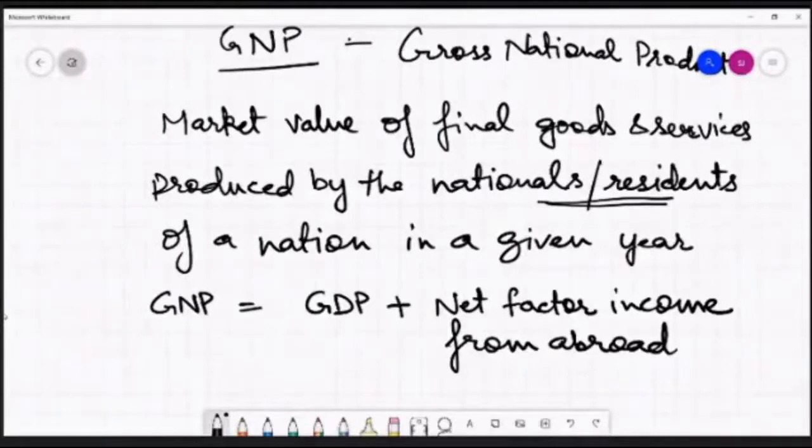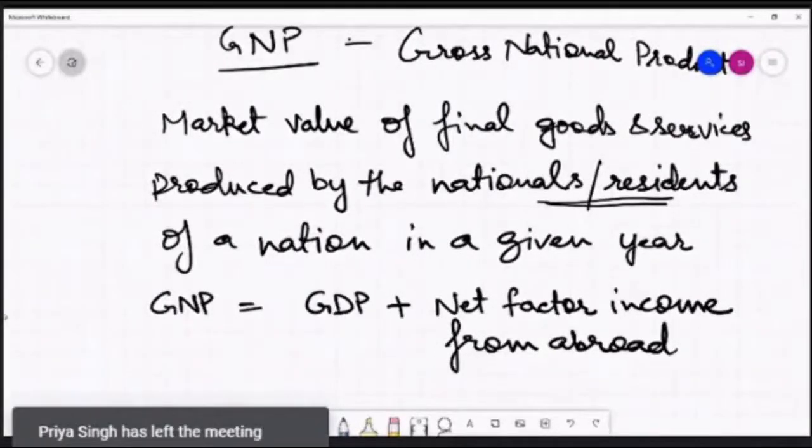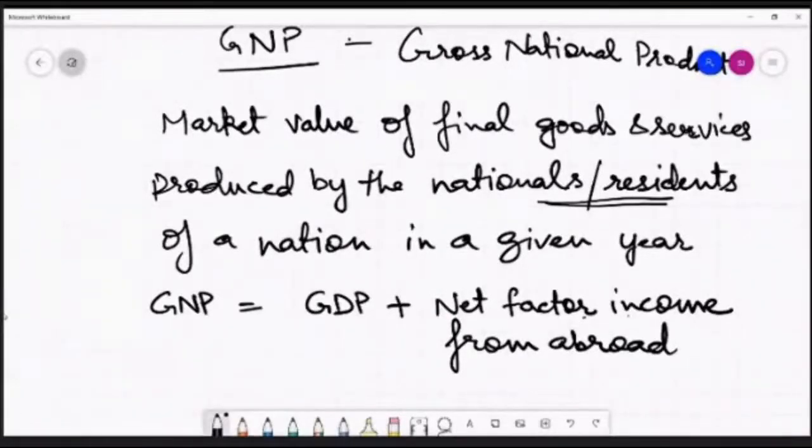Okay. So what you do is you take the value of GDP and you take the net factor income from abroad. Why are you taking the net factor income from abroad? Factor income, you understand. The income which is earned by the factors of production, that is land, labor, capital and entrepreneur. But that is net factor income. Net factor income means there are some foreign nationals working in your country, and there are some Indians working in other countries.